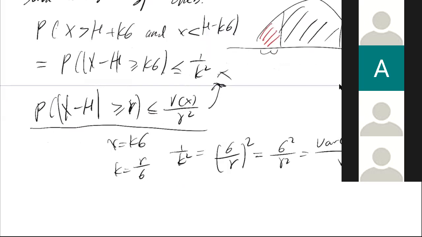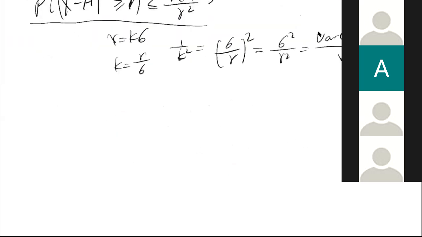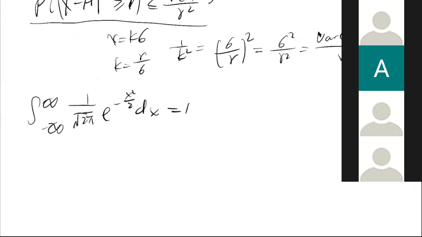On Monday we went through some of the basic statistics and sampling. Something you need to know in your mind is that this integral is always equal to 1. That's the PDF for the normal distribution. If you integrate from negative infinity to positive infinity, the area underneath should be 1.